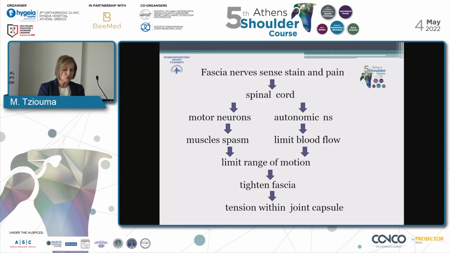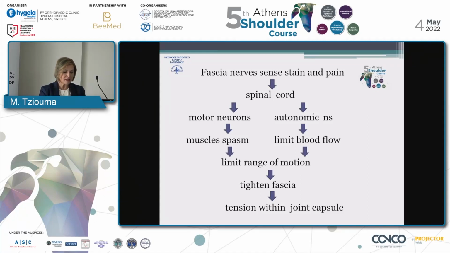In response to injury, tissue irritation, inflammation, or perceived threat, this nerve connection will create a protective muscle spasm and also limit blood flow, which then leads to limited range of motion due to pain as well as swelling in the affected area.